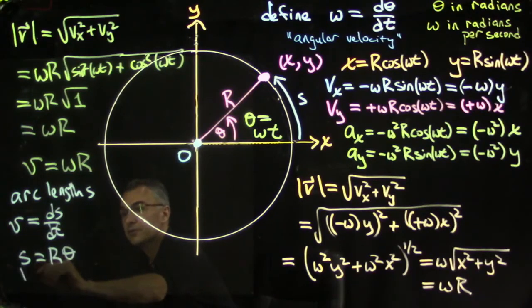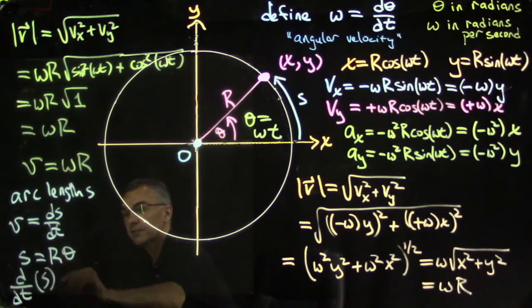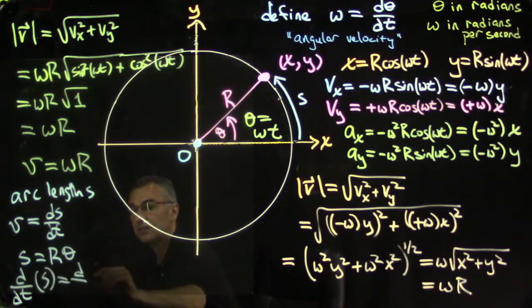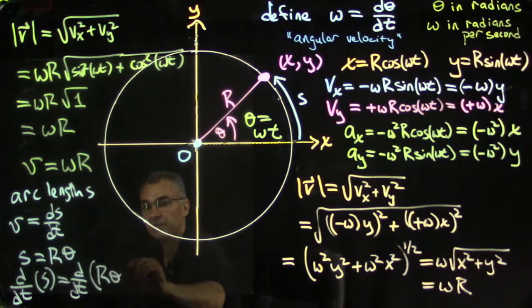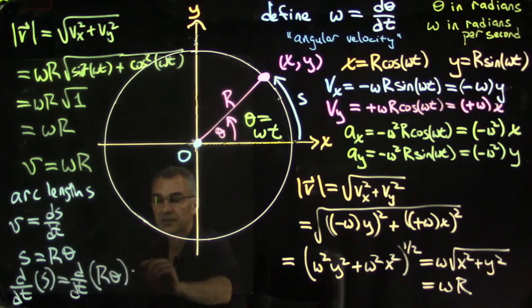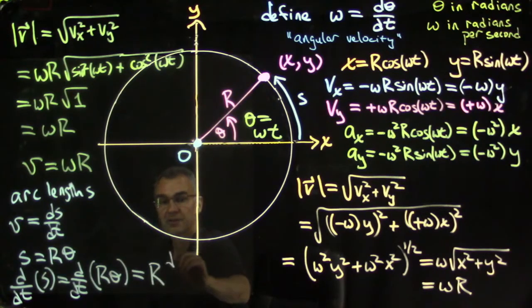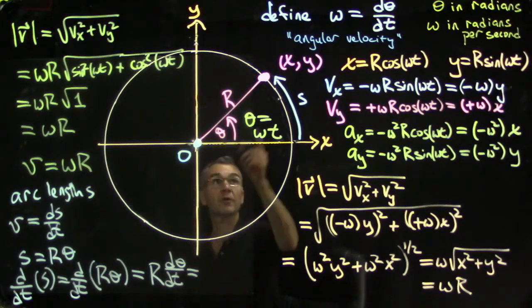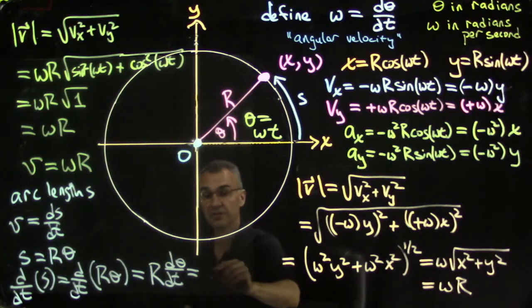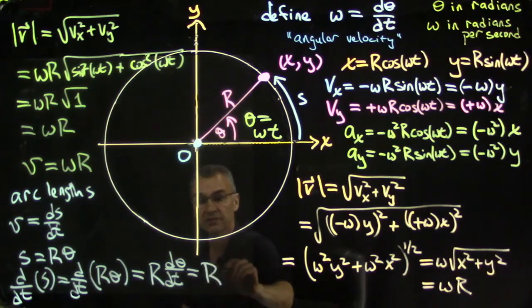So the rate of change with respect to time of this arc length is the rate of change with respect to time of r times theta. And r is a constant, so that is r times the rate of change of theta. And we said that the rate of change of theta is omega, assuming we're going around and around in a circle at constant angular velocity. So this is r times omega.